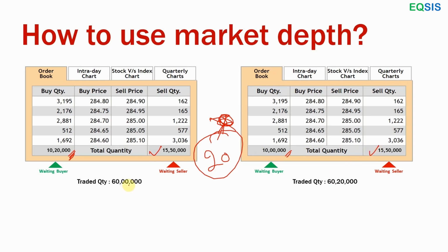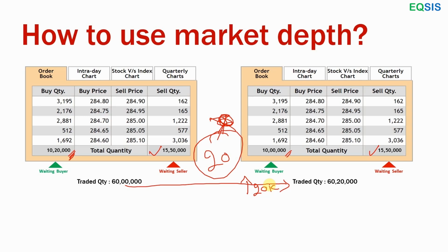But surprisingly, the traded quantity has increased by 20K. I hope by this time you have got clarity that the 20,000 buyers who were waiting in the queue disappeared. So 20,000 buying orders are now filled.